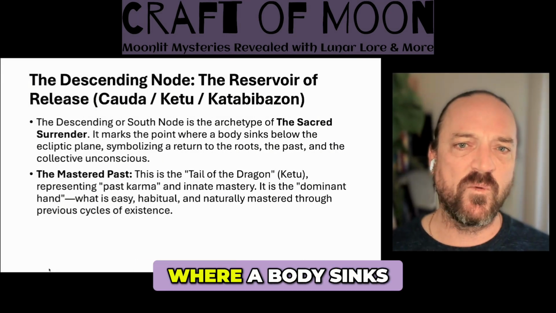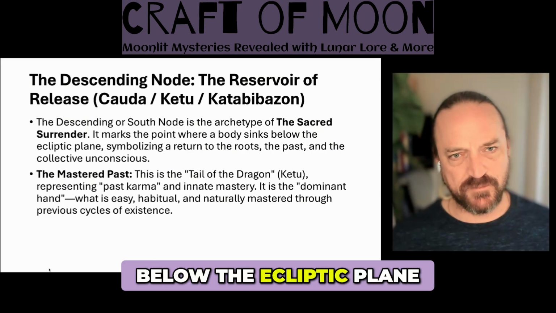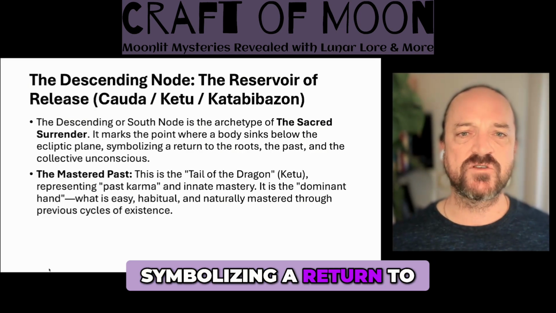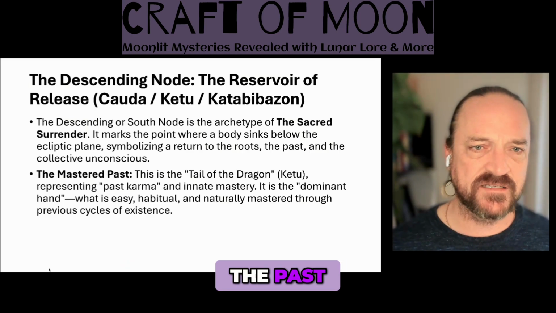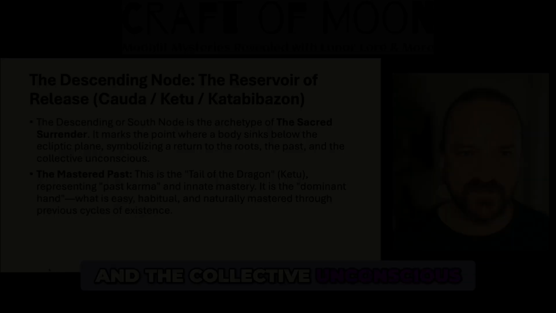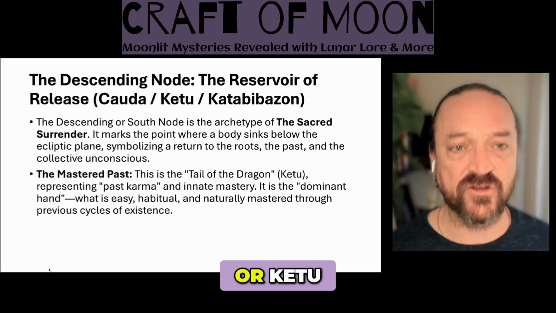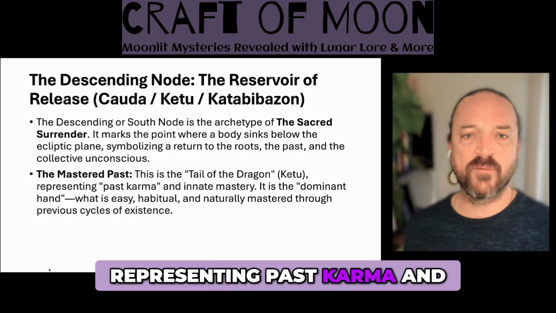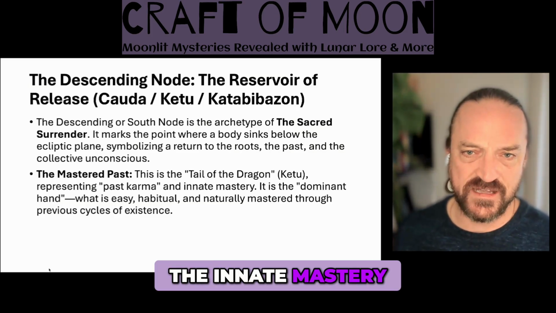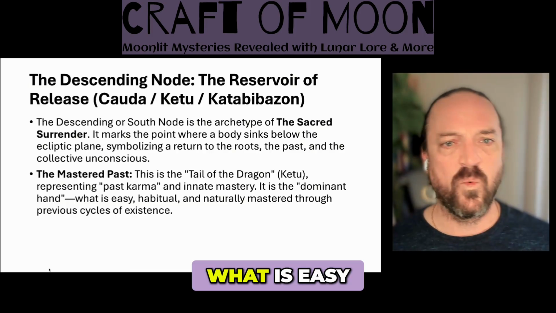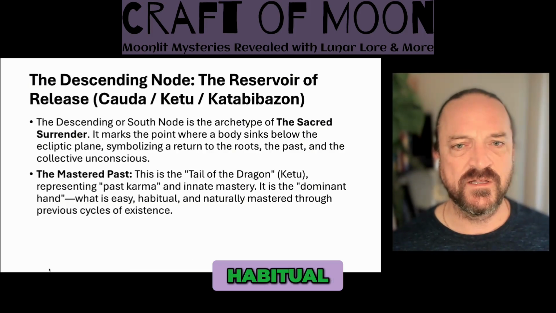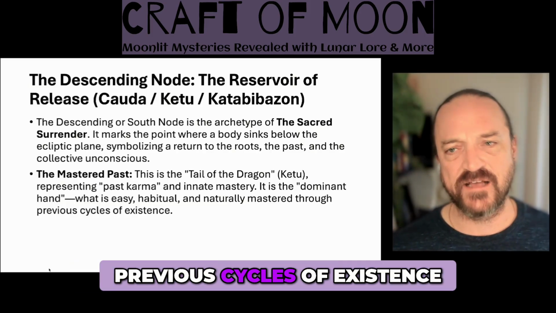It marks the point where a body sinks below the ecliptic plane, symbolizing a return to the roots, the past, and the collective unconscious. It's the mastered past. This is the tail of the dragon, or Ketu, representing past karma and the innate mastery. It is the dominant hand, what is easy, habitual, and naturally mastered through previous cycles of existence.